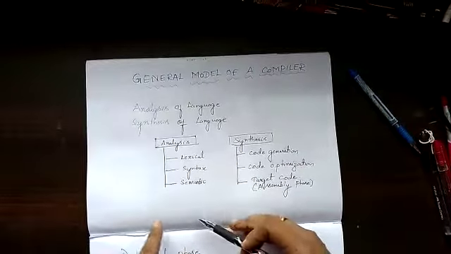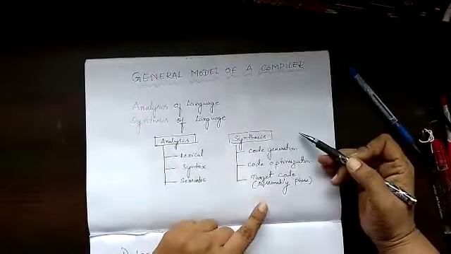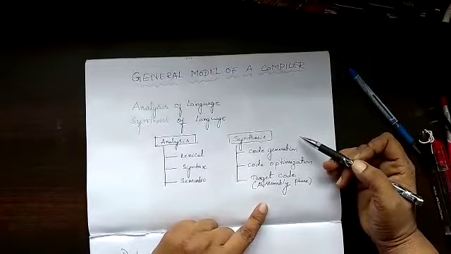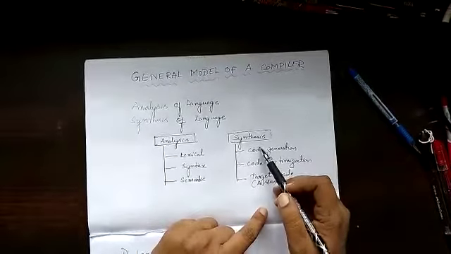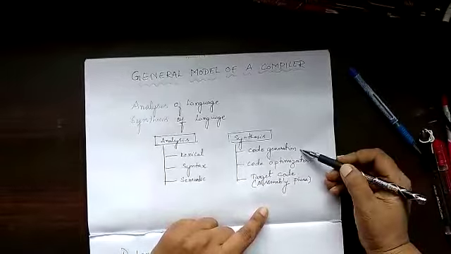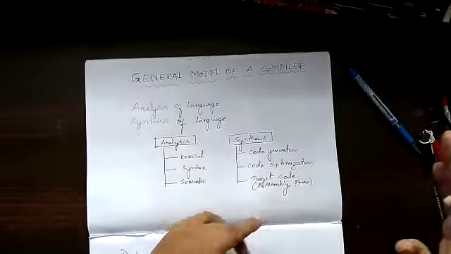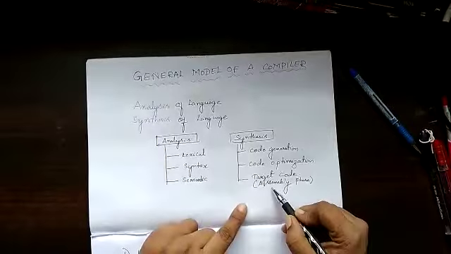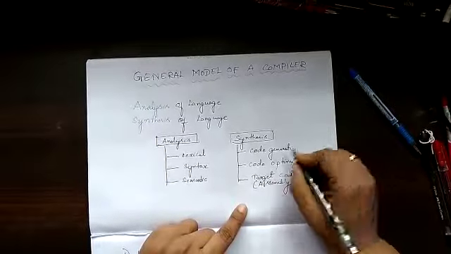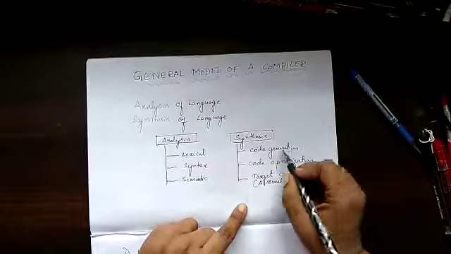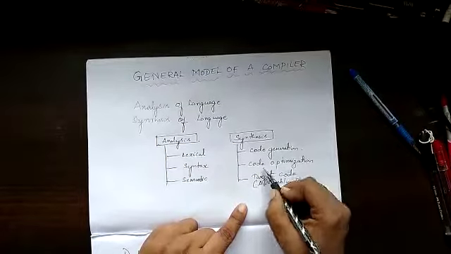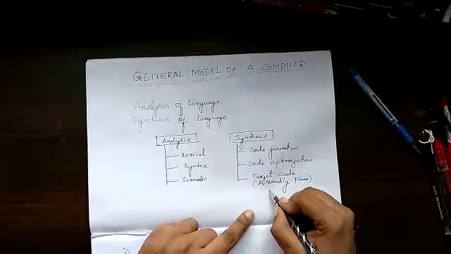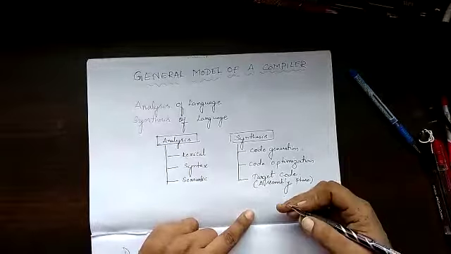Synthesis takes all the components which have been broken down, combines them, and gives a particular code as a whole. That is your assembly phase. So code is being combined. After this, optimized code and assembly code will be generated.